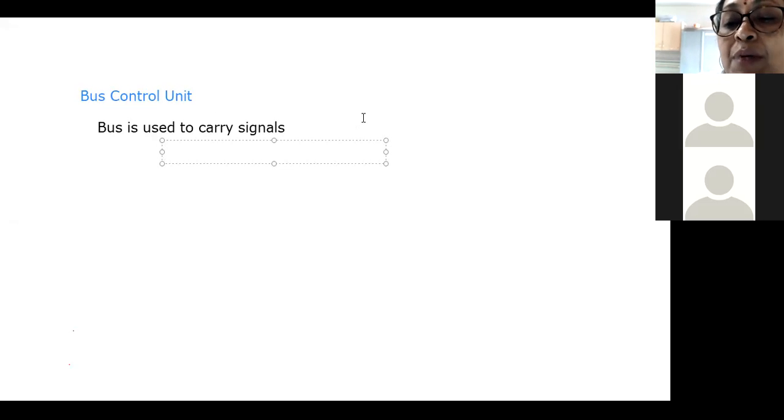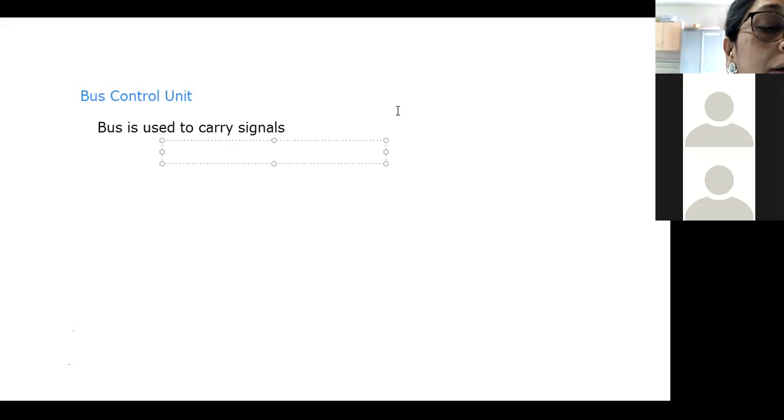Data bus, address bus, and control bus. Very good. So the function of all these buses must be controlled by your microcontroller. There is a bus control unit block which can control all the activities occurring on the bus, like the flow of data, the flow of addresses, the flow of control signals.